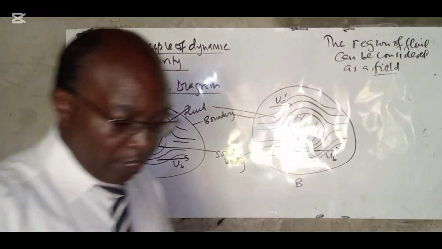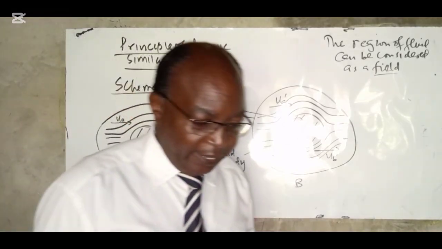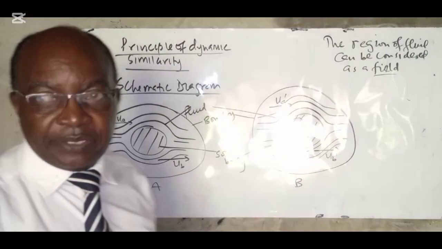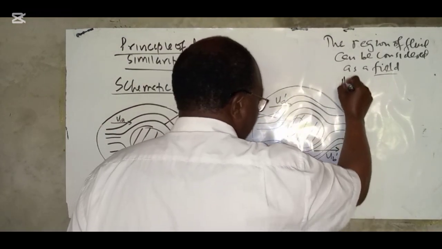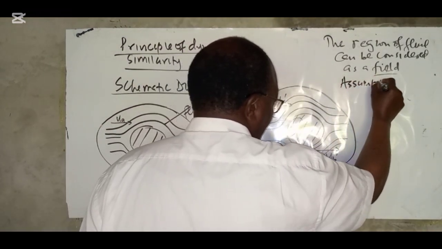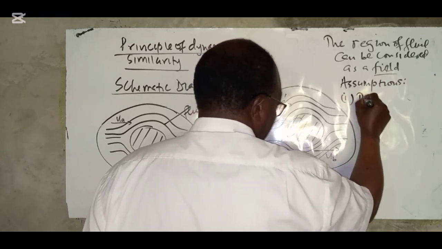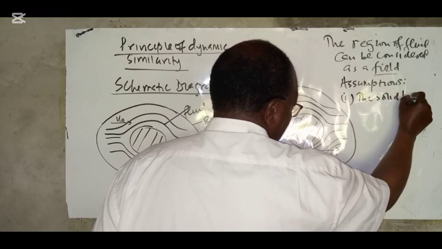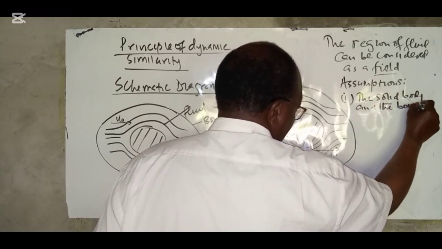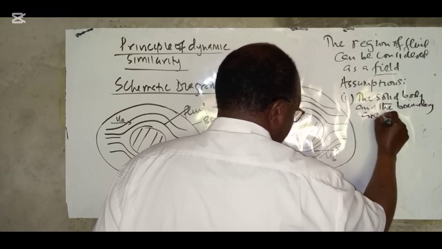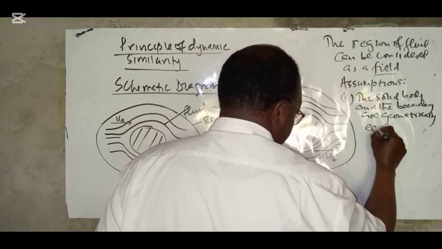Now, one of the first things is that we are assuming that the solid body and the boundaries are geometrically equivalent.